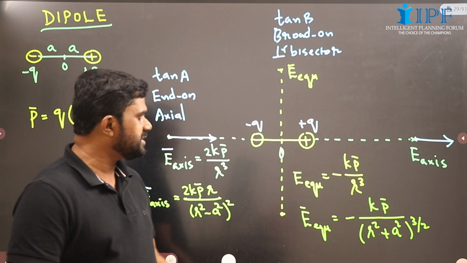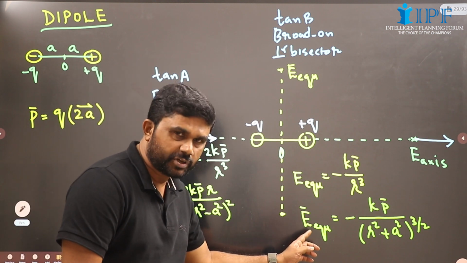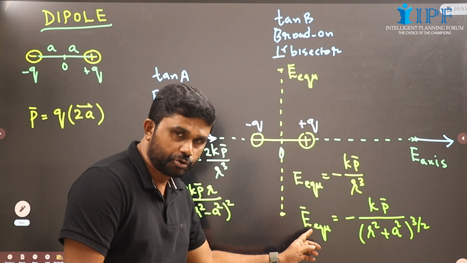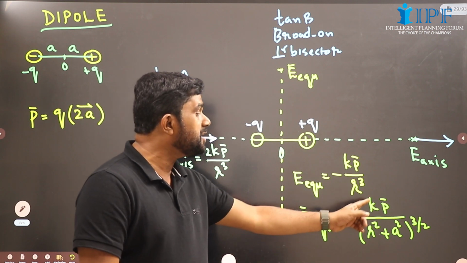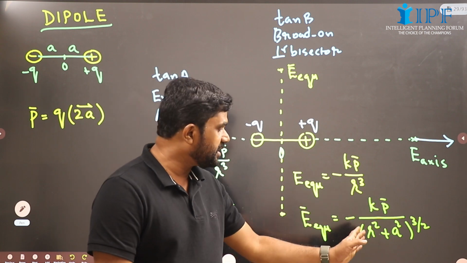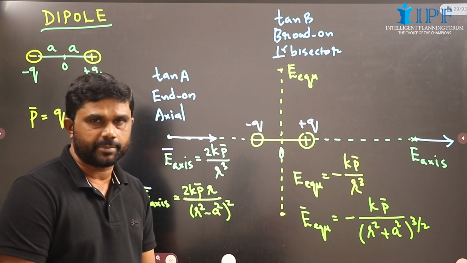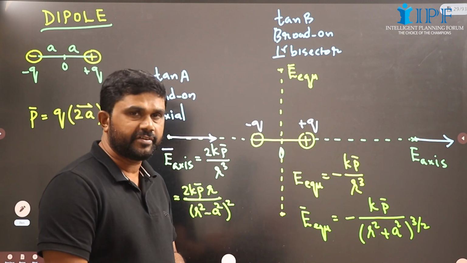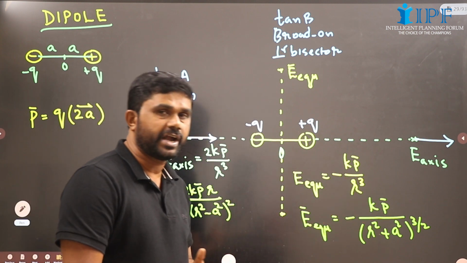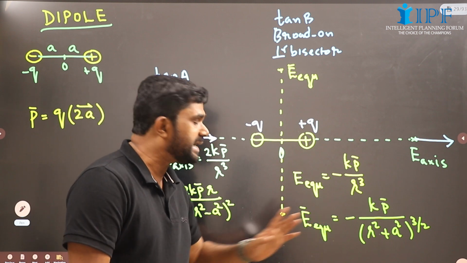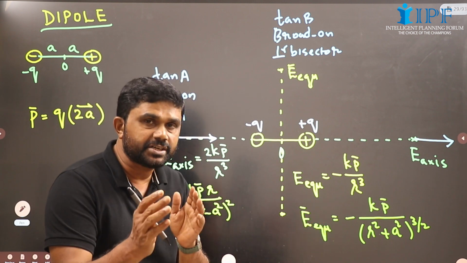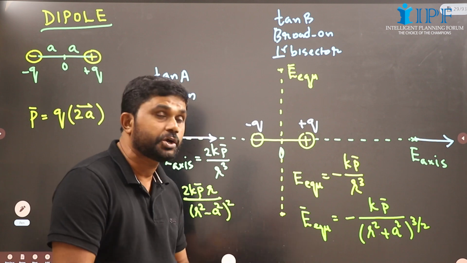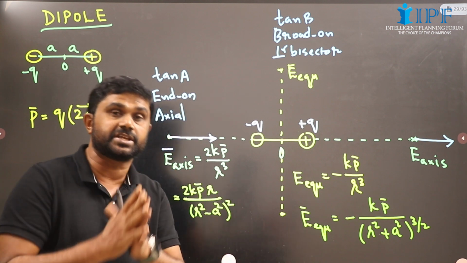Okay. Now, see, this is the expression for the intensity of electric field at the equatorial position. This is minus Kp divided by (r square plus a square) whole raised to 3 by 2. See, on the left side we have a vector. On the right side also we have a vector. Okay, but there is a negative sign. Means the vectors on the left and right side of this equal to sign are in opposite direction.